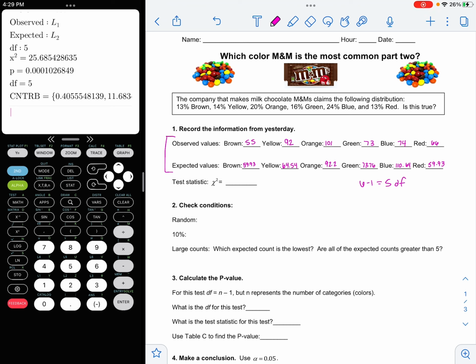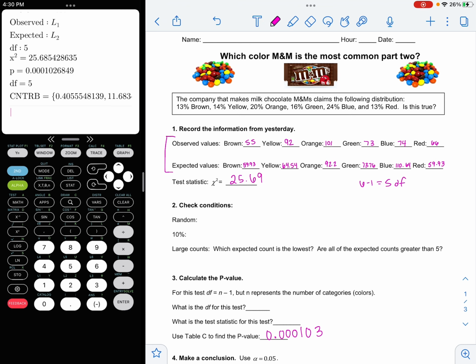We have our chi-squared value, which is, if you remember, the same one that we had found in class together, 25.69. And then it also gives us our p-value. So right away, I already know the p-value, so I'll just fill that in on this page right here, 0.000103.